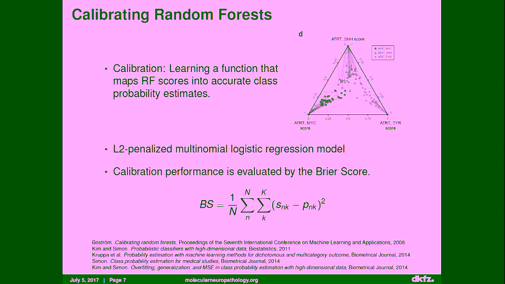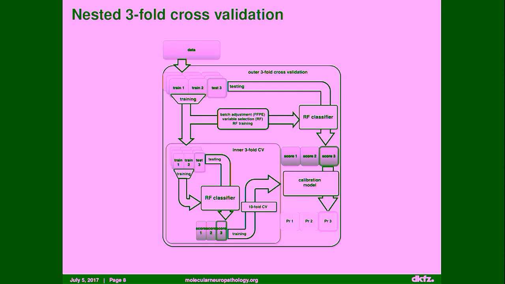And we evaluated these class probabilities by using the Brier score. We validated this classifier by using a nested threefold cross-validation. We incorporated this inner threefold cross-validation loop to validate the calibration model and the resulting class probability estimates.